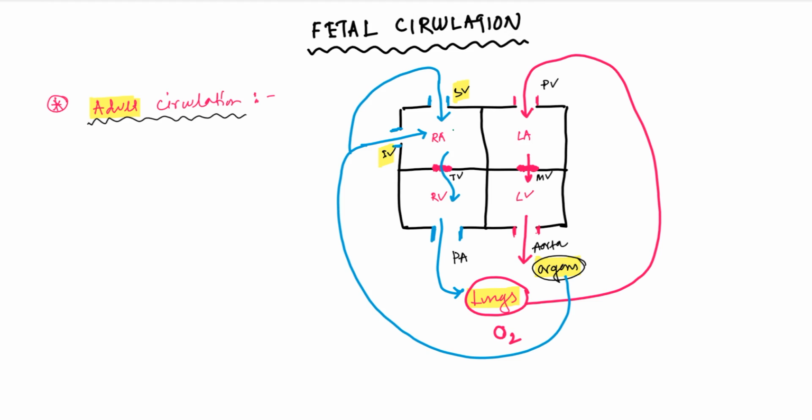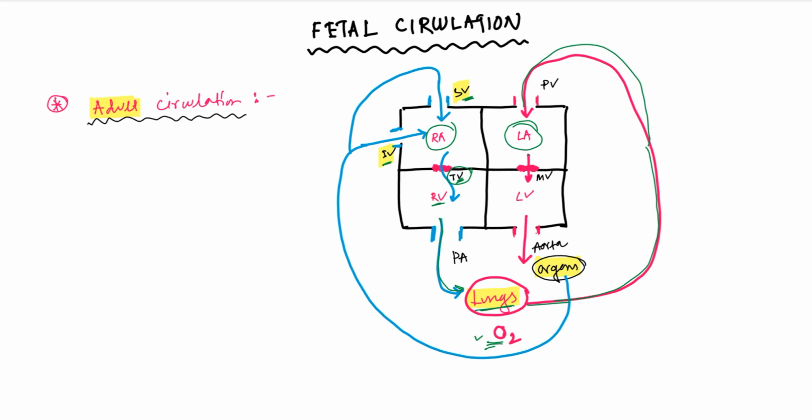The deoxygenated blood comes into the right atrium through the superior and inferior vena cava. Then it travels through the tricuspid valve and reaches the right ventricle, from where it travels through the pulmonary artery and reaches the lungs. In the lungs it gets oxygenated, and this oxygenated blood then travels through the pulmonary vein and reaches the left atrium.